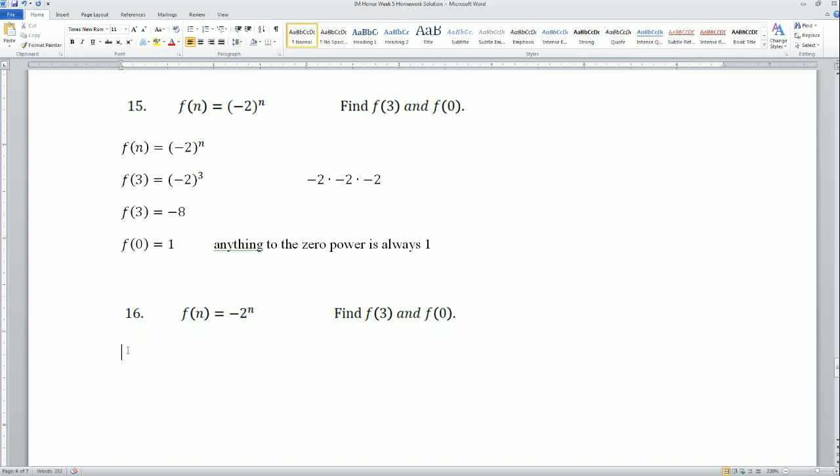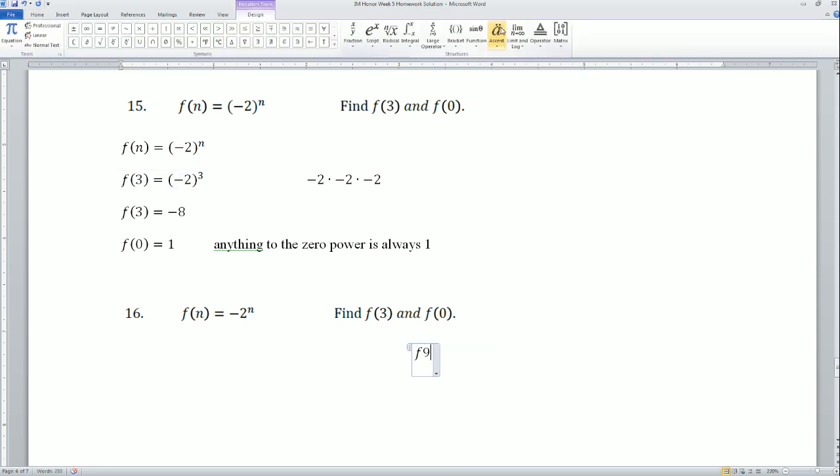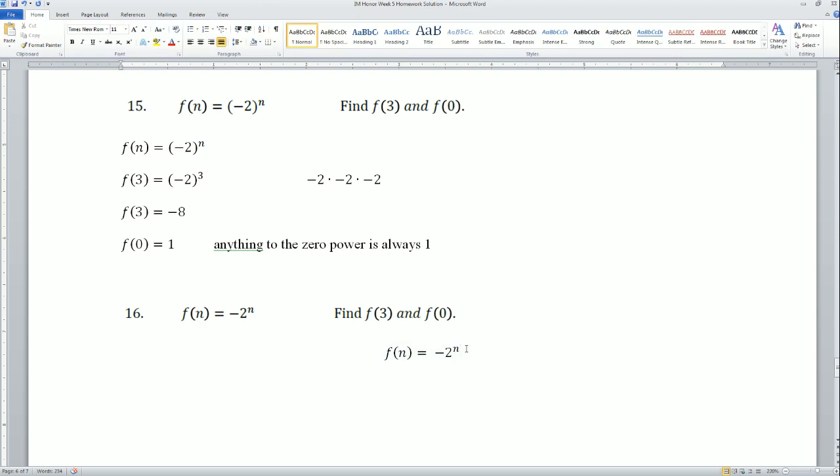Alright. So, we have function of n is equal to -2 to the n. Now we're going to substitute in 3 for n. So, substitute 3 here for n. What does this mean, right?